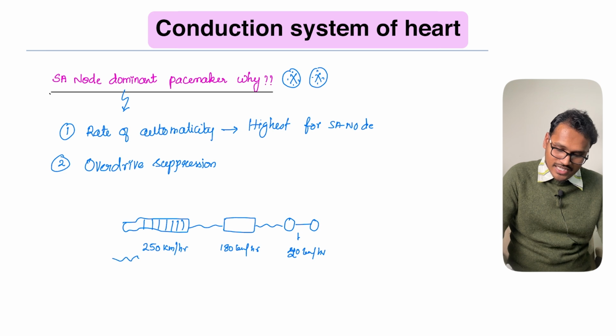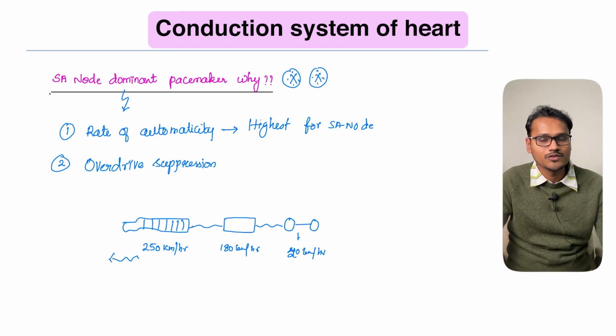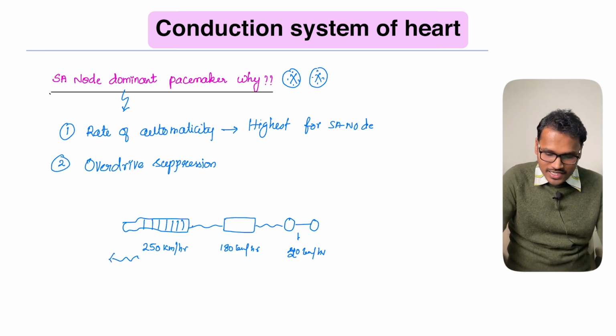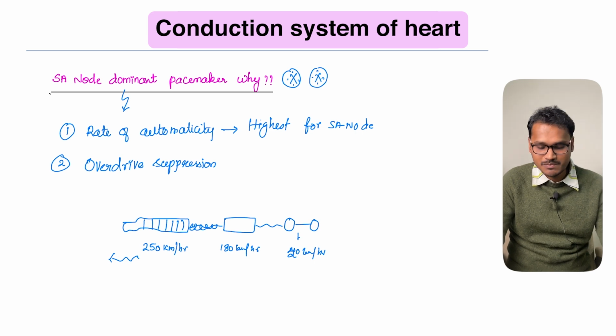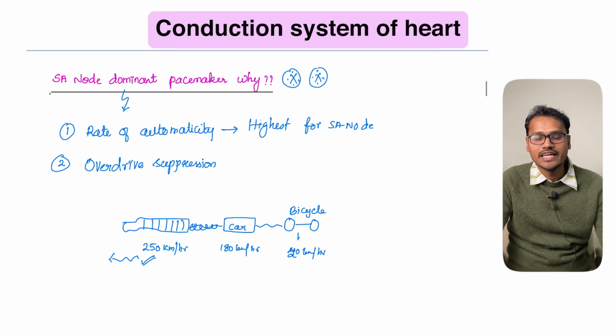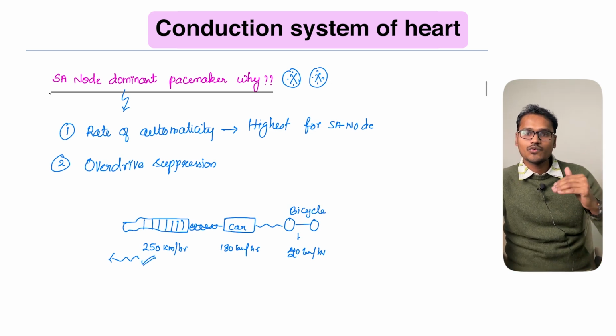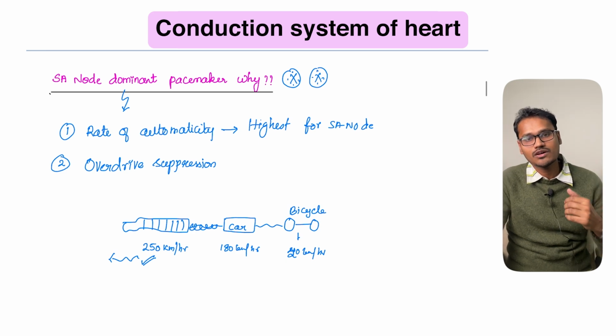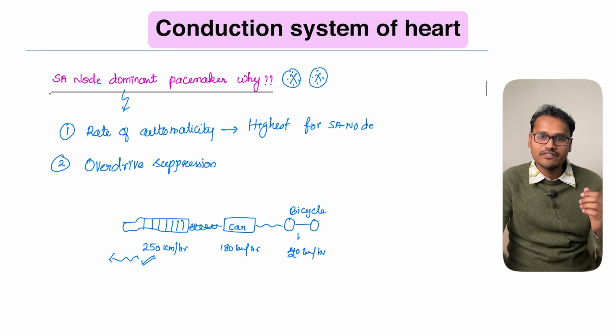The train is connected and is running at a maximum speed of 200 to 250. Now, if they are attached very strongly, what will be the speed of the car as well as the bicycle? All of them will be traveling at the speed that is determined by the train. Here, since one is having a superior or maximal velocity, it is being driven at a very high rate.